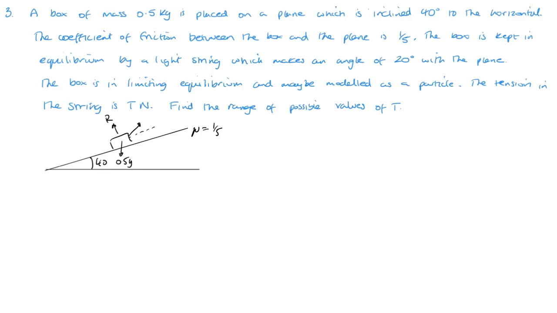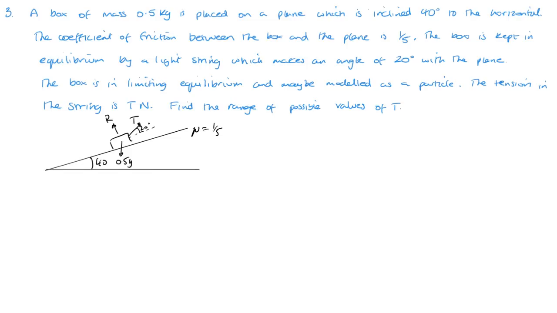Okay, so it's a light string. This is 20 degrees. And the tension in the string is T. And we need to find a range of possible values for T. So that means that basically friction could be acting in more than one direction in this case.